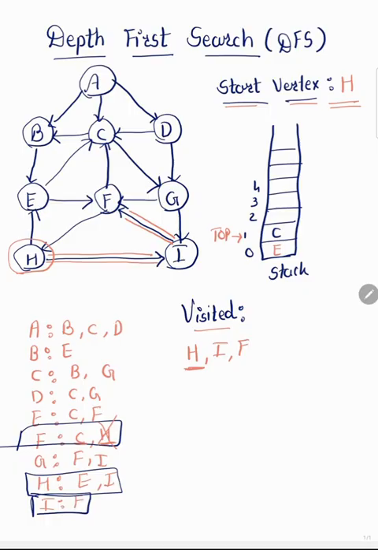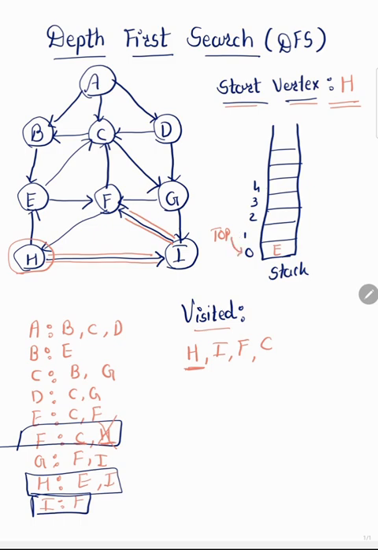Getting this? Okay. Now next you need to pop out the element. The topmost element is C. I'll pop it out and mark it as visited, right? So my top would be decremented to 0.